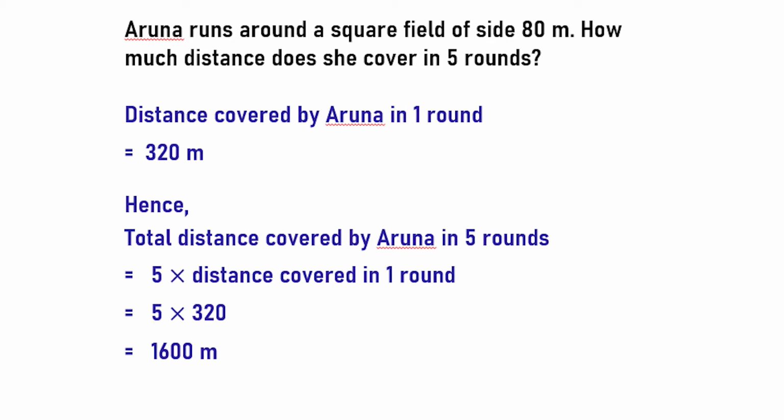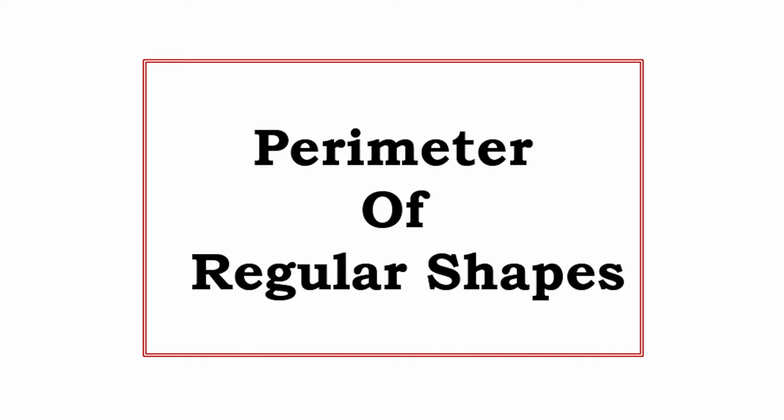Therefore, the total distance covered by Aruna in 5 rounds will be equal to 5 multiplied by distance covered in 1 round, which is equal to 5 multiplied by 320 meters. Therefore, if we multiply 320 by 5, we get 1600 meters.